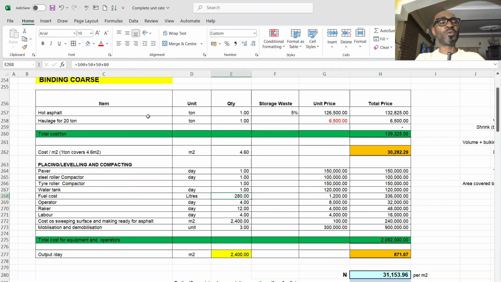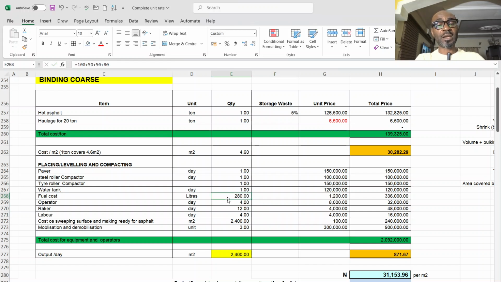Then the fuel consumption for this equipment: for the paver is 100 liters. For the steel rolling compactor is 50 liters. The tire rolling compactor is 50 liters. Then the water tanker, because you don't know the source where it goes to get the water, if it is very close then it will be lesser, but if it's going very far, then of course, I'm taking 80 liters.